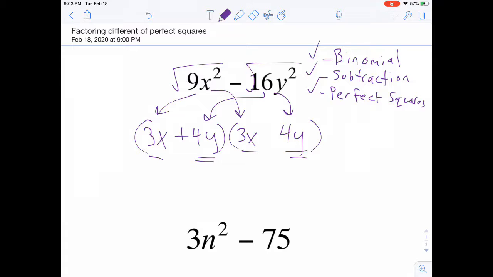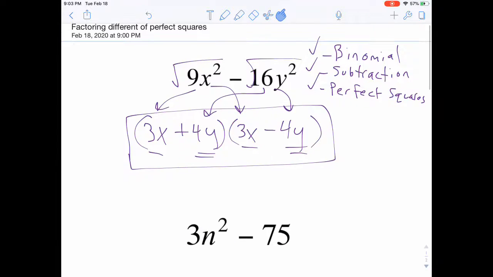I take one plus sign and one minus sign. Having these are called conjugate pairs, the same two terms with different signs in the middle, allows the middle terms to cancel out. So if I were to check my answer by multiplying or distributing here, the middle terms would cancel out. So I'm left with my final answer, 3x plus 4y, 3x minus 4y.